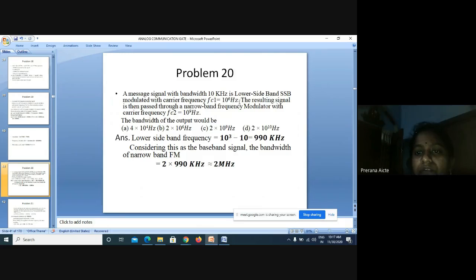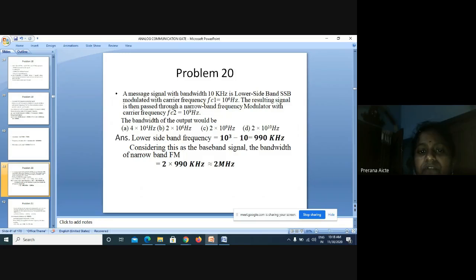What is the bandwidth of your message signal? The message signal bandwidth is 10 kilohertz, lower sideband SSB modulated with a carrier frequency fc1 equal to 10 power 6.